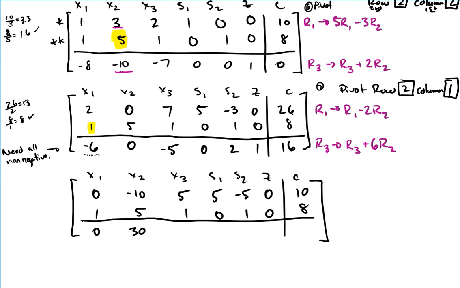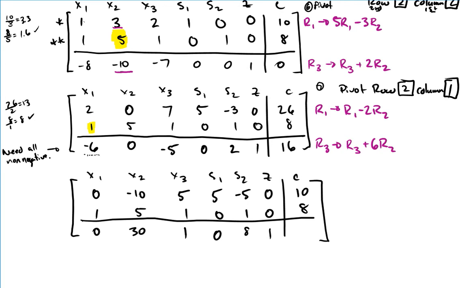We've got negative 5 plus 6 would be positive 1. We've got 0 plus 0 is 0. We've got 2 plus 6 would be 8. And we've got 1 plus 0 is 1.